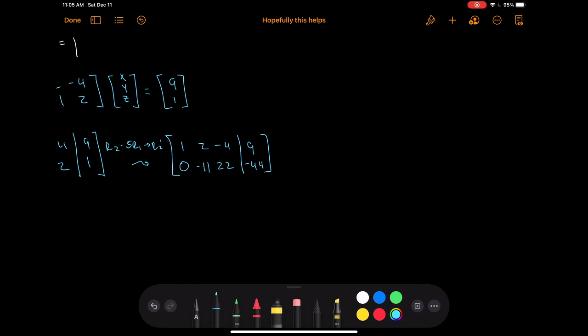So what we can do now is divide row 2 by negative 11. And so what we end up getting is the top row remains the same. The bottom row would be 1, 1, negative 2, and on the right side would be 9, 4.